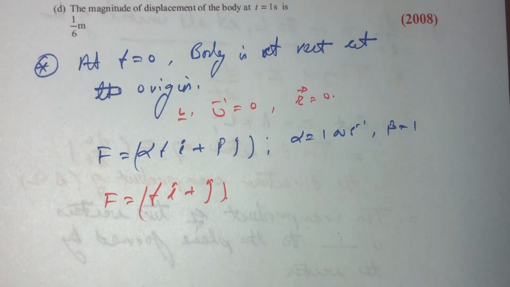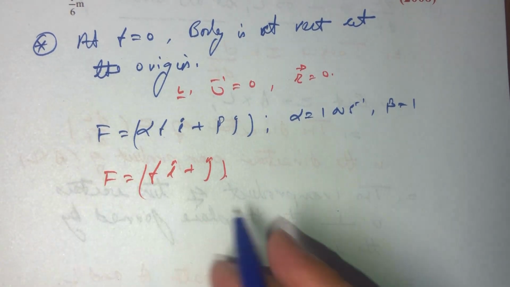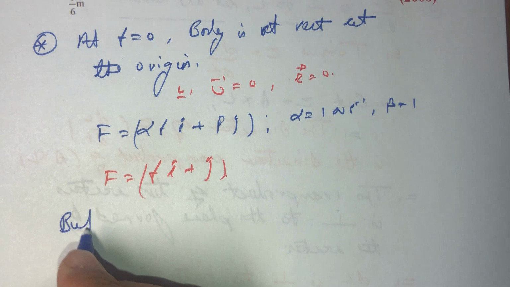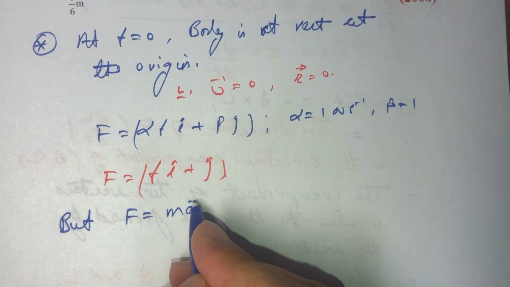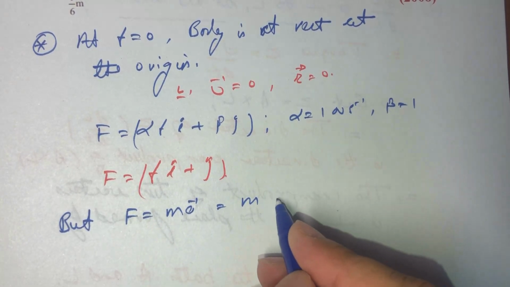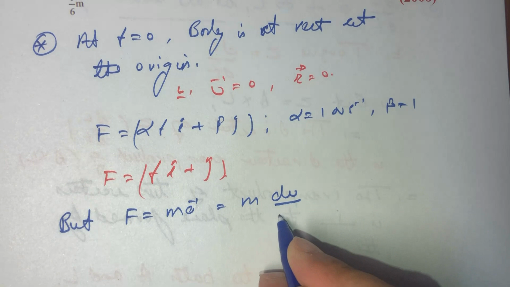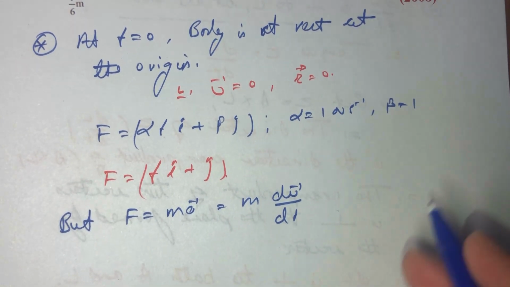Now we can use the basic formula that force is equal to mass into acceleration, and acceleration is the derivative of the velocity, so F = m dv/dt.